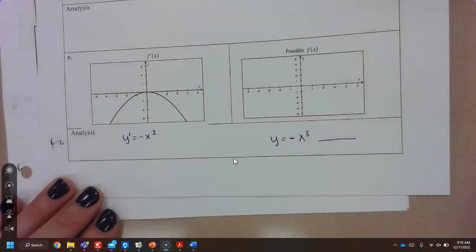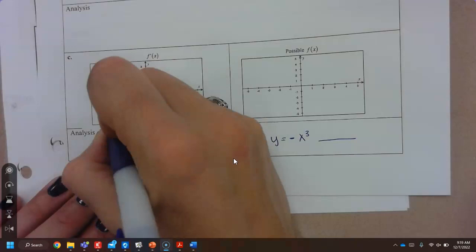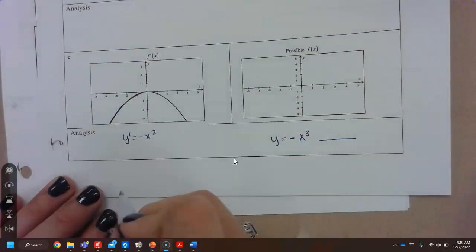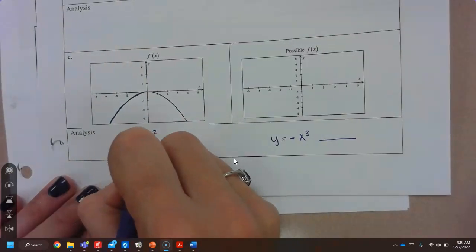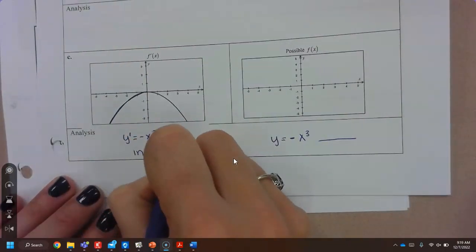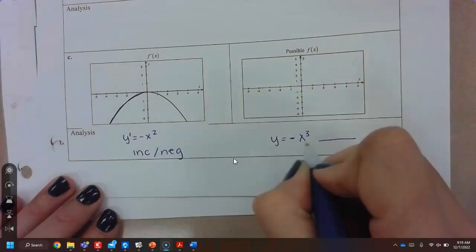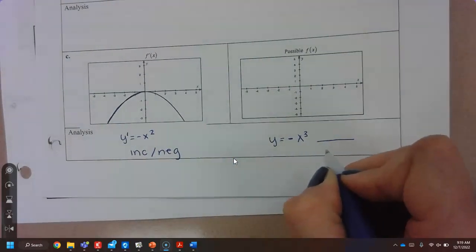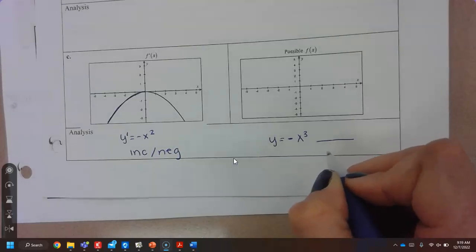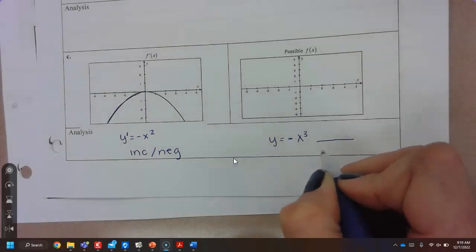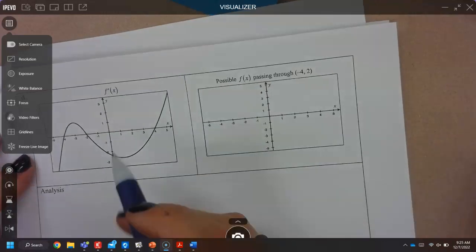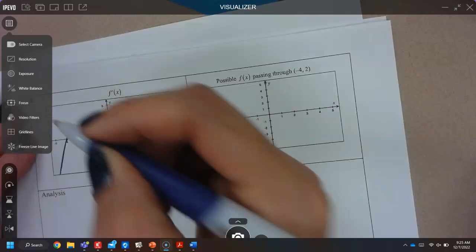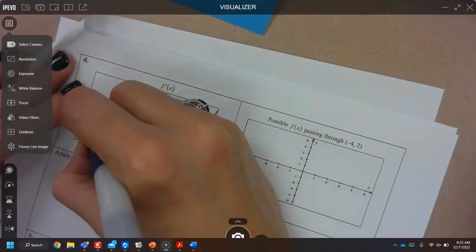So if you do your analysis, if the derivative is increasing and negative, then your original graph has to be what? Concave up and decreasing. So again, if f prime is negative, then we know that we are decreasing.